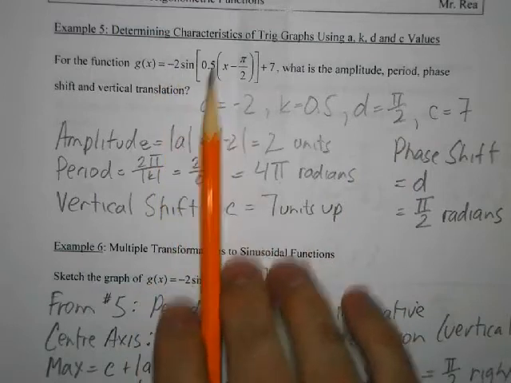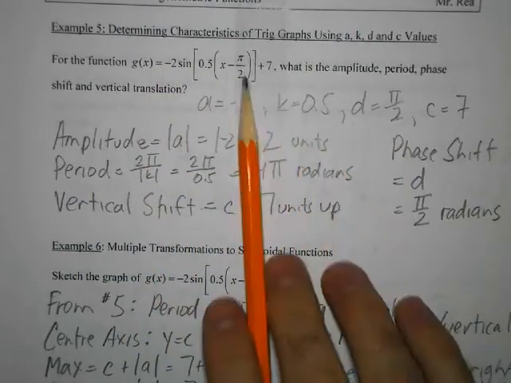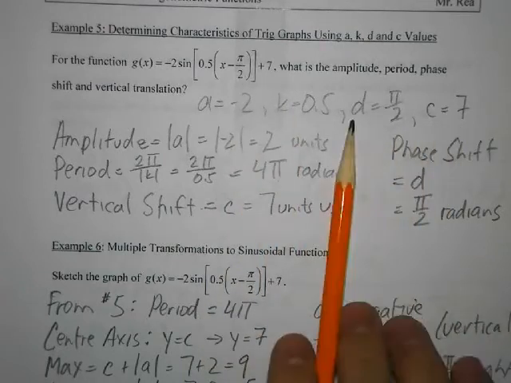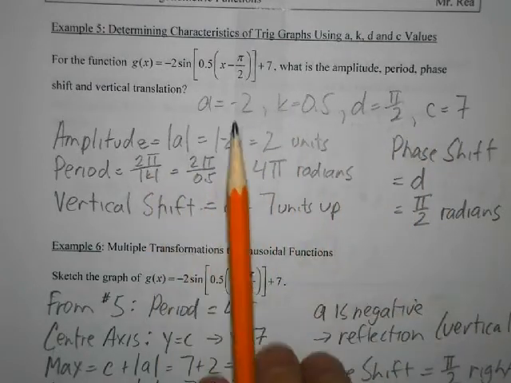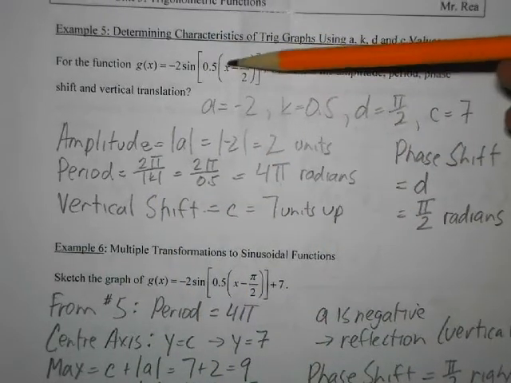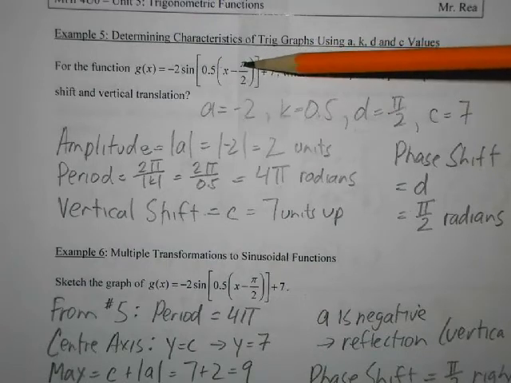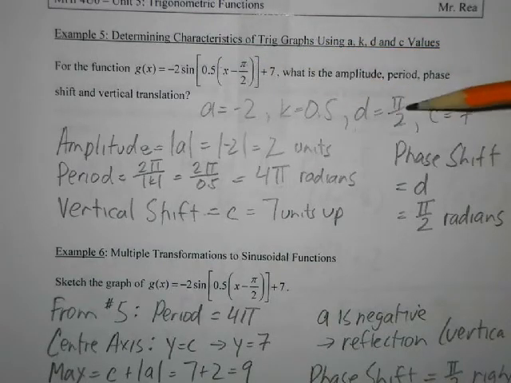That's the way they appear in the equation. The d comes before the c. It's not all alphabetical order. So the a value is -2, the k value is 0.5. The d value, remember it's x minus d, so d is actually positive pi by 2, and c is 7.